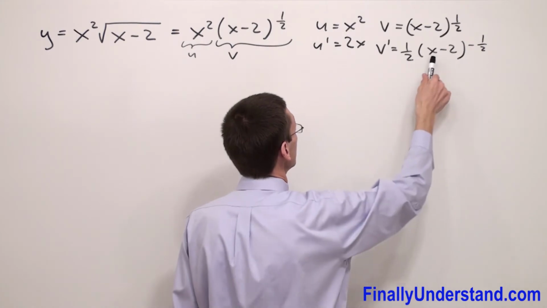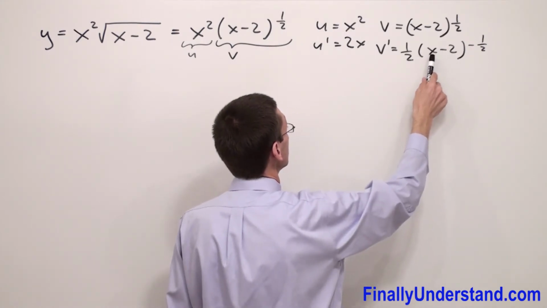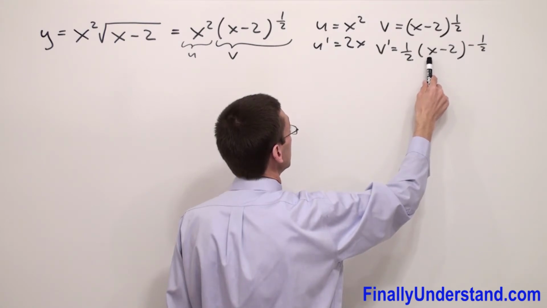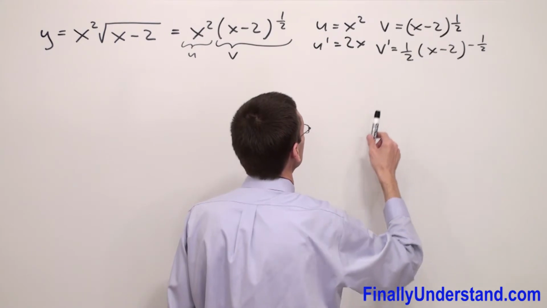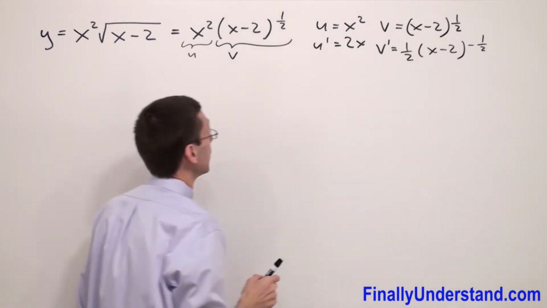And the derivative of the content of the parenthesis is going to give me 1. dx over dx is going to give me 1. That's why I'm not going to write anything over here. So this is my v prime.